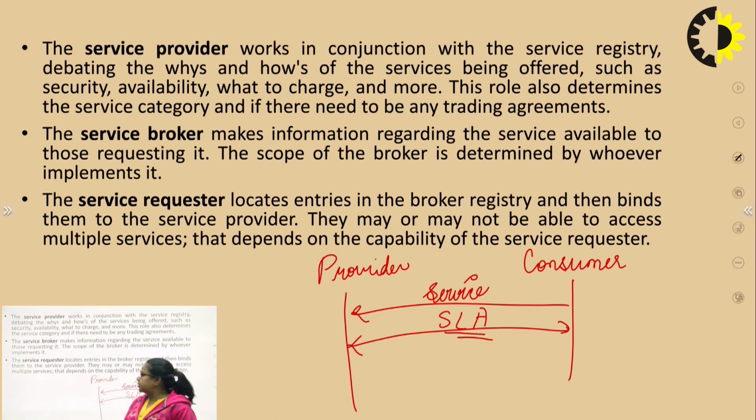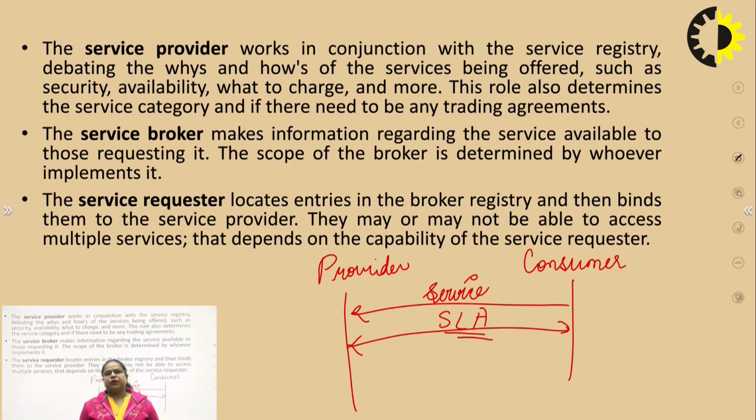The last one is the service requester. When I'm talking about the service requester, it locates all the entries in the broker registry and then binds them to the service provider. If the service provider is providing n number of services, and out of all those, the service requester requests only 5 to 7 services, first of all they combine all the services into one system.